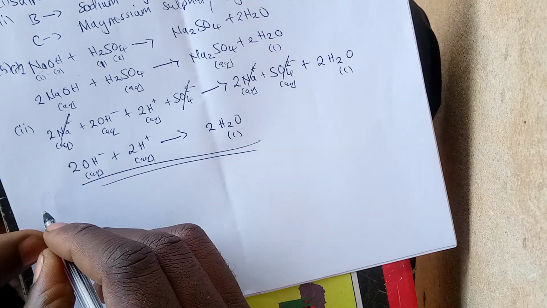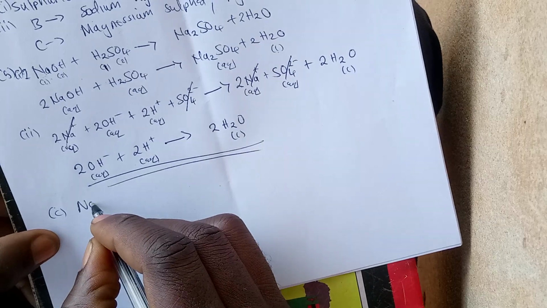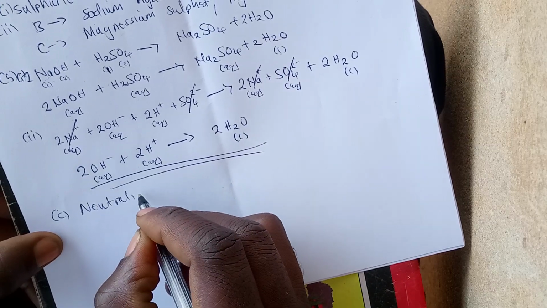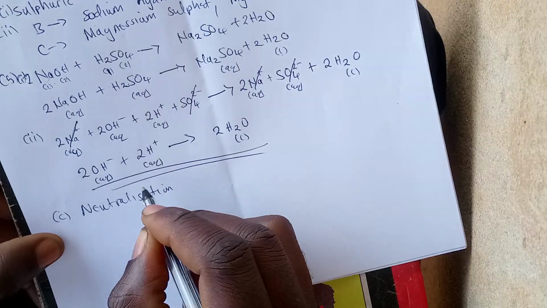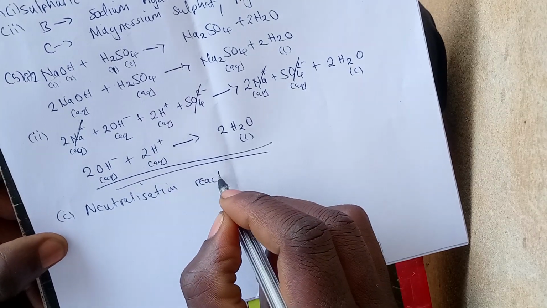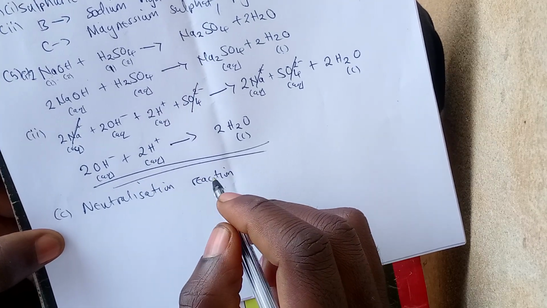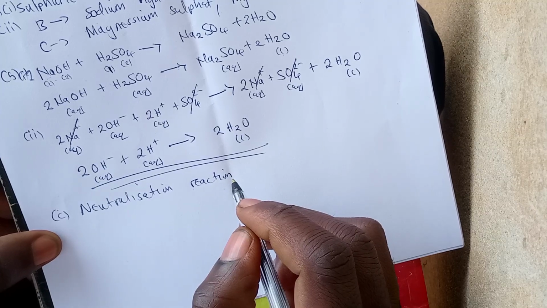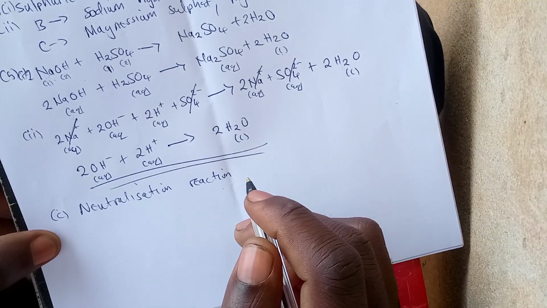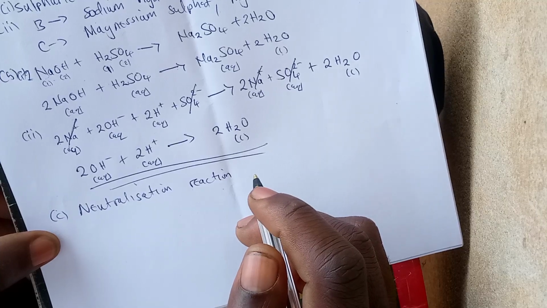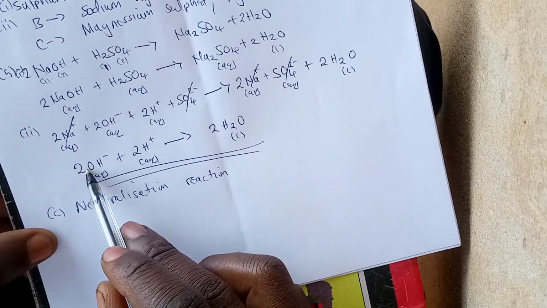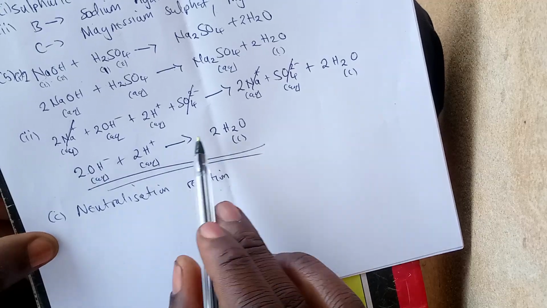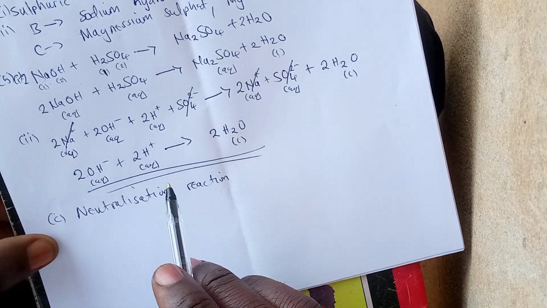That is C. Neutralization reaction means an acid and a base are neutralizing each other. So the type of reaction is a neutralization reaction, and even this ionic equation, we call it a neutralization reaction.